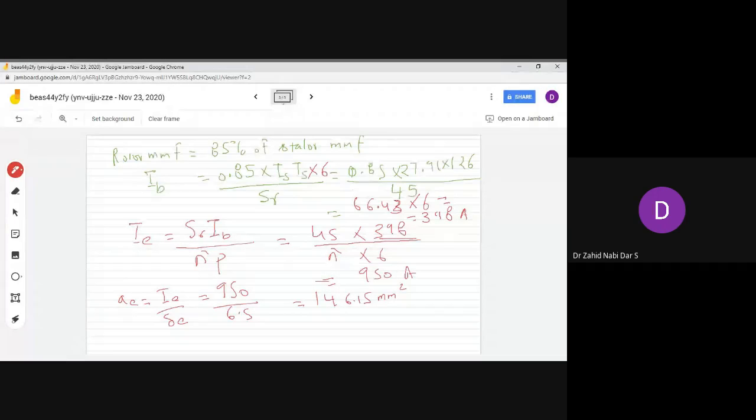So you have to take the rotor slots into account, because if there are 20 slots, every slot has so many conductors. But here it's mentioning the number of rotor slots SR is equal to 45. It's not mentioning whether one conductor is having 20 slots or 30 slots, not like that.